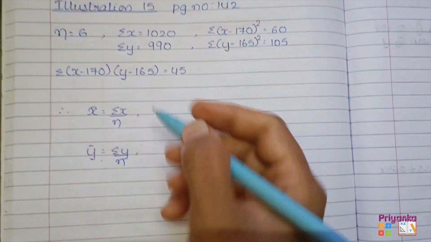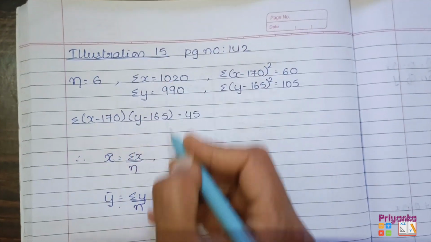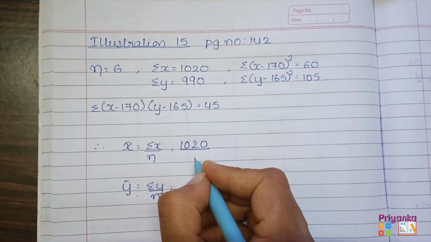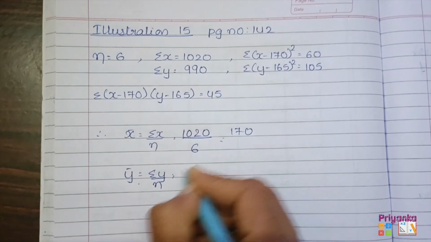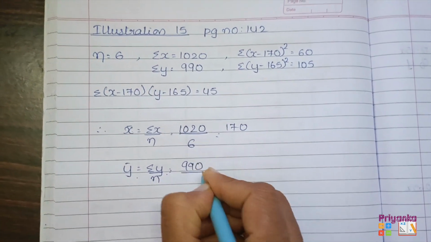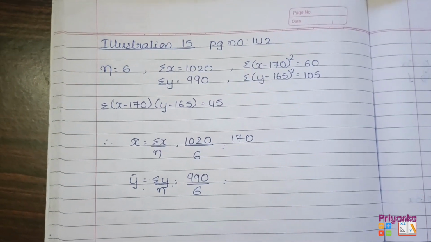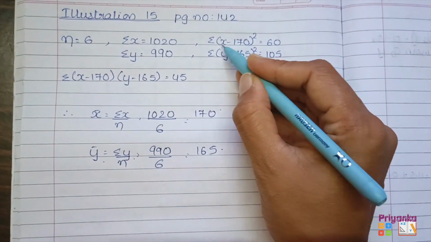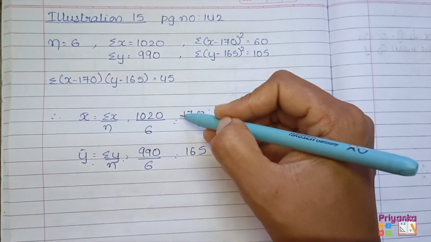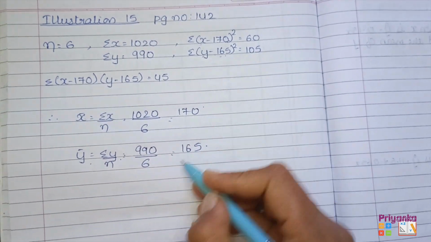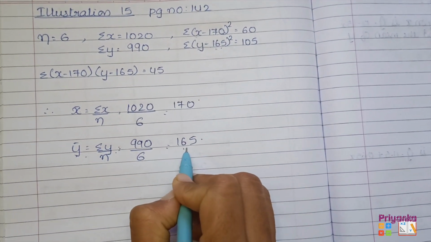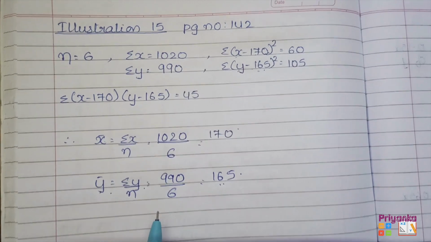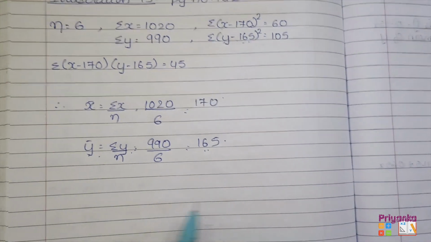As usual, our first step is always to find x bar and y bar, where the values of sigma x and sigma y are ready. So 1020 divided by n, that is 6, we get 170, and from sigma y, that is 990, divided by n, 6, here we get the answer 165. The number which you can see, x minus 170, that means this is our x bar itself, and y minus y bar, that is 165. Here we found the y bar 165. So out of this information, first, what was asked in the question: one, we have to find the regression line, and later find its reliability.